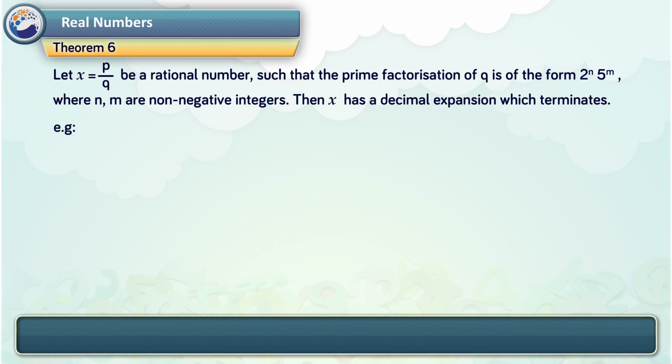For example, 1. 7 upon 80 is equal to 7 upon 2 raised to 4 into 5 raised to 1.